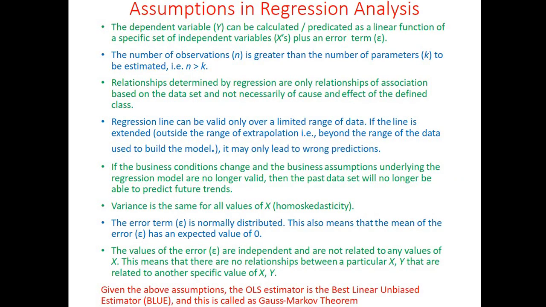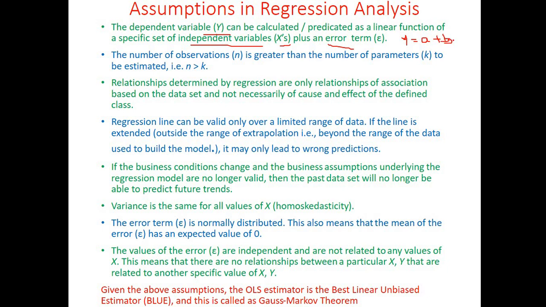Assumptions in regression analysis. Here the dependent variable y can be calculated or predicted as a linear function of the independent variables plus an error term, which we have already seen. For example, y is equal to a plus bx, that is simple linear regression.